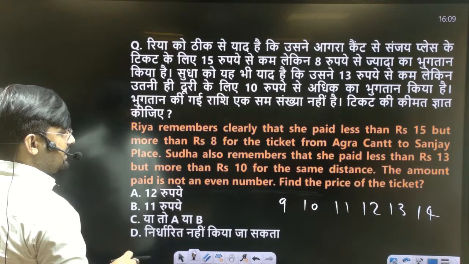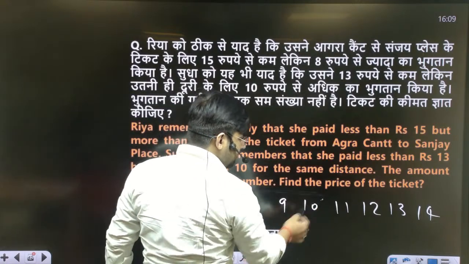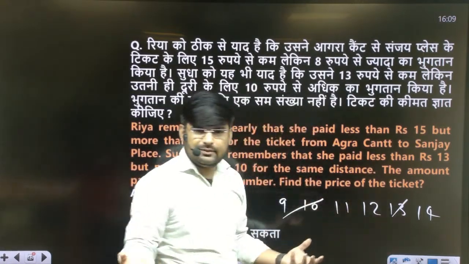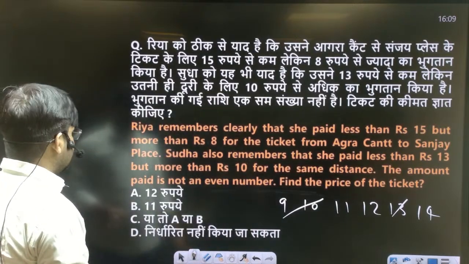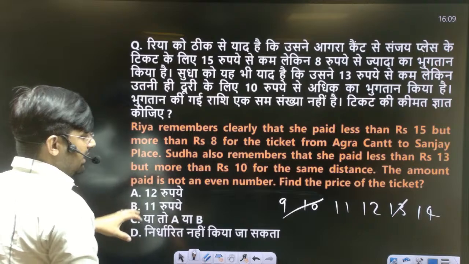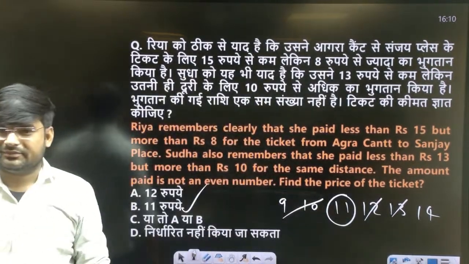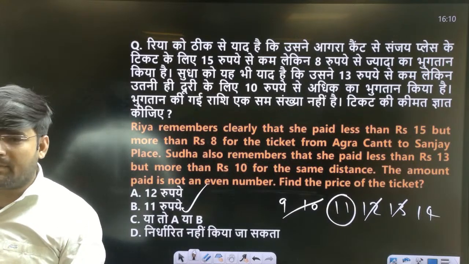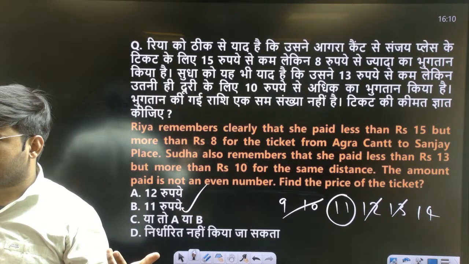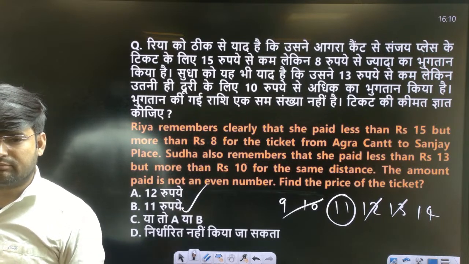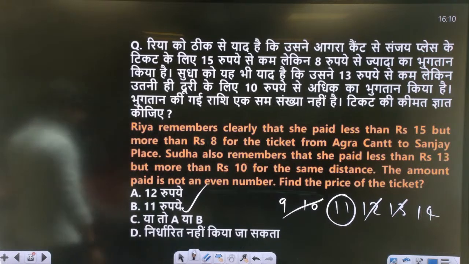Sudha also remembers that she paid less than 13 but more than 10. More than 10 means 11 or 12. The amount paid is not an even number. 12 is an even number, so 11 is our correct answer. Is it clear? How many students got the right answer? Only one. You also give the right answer.